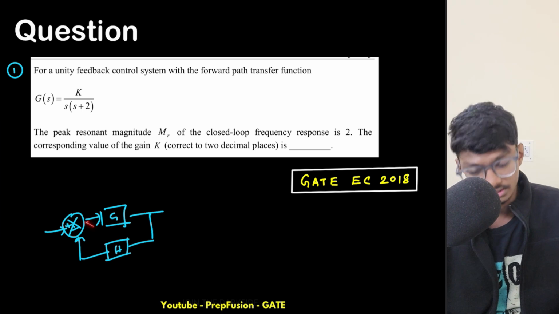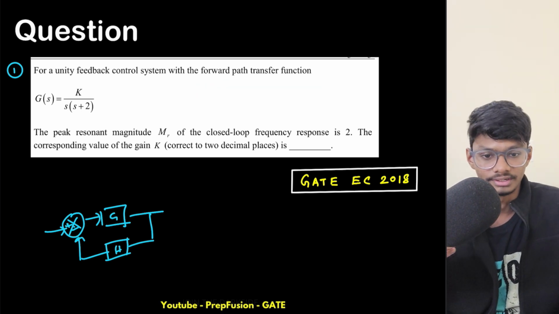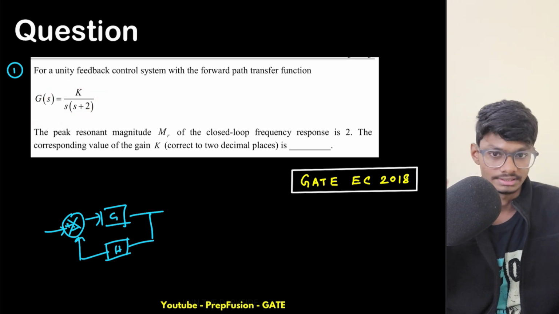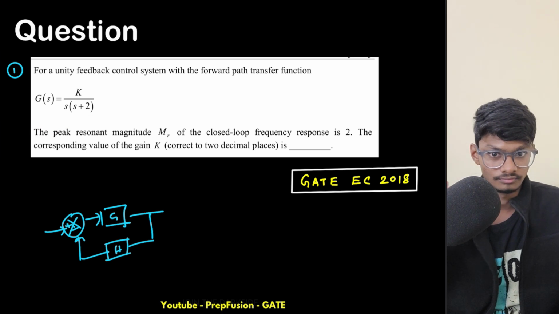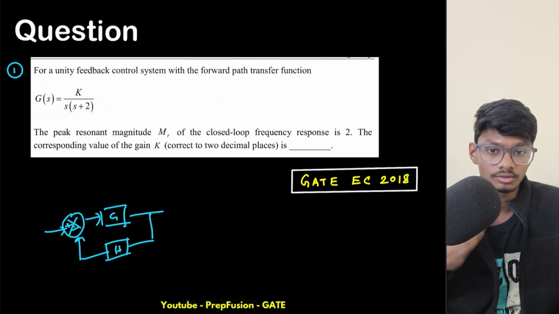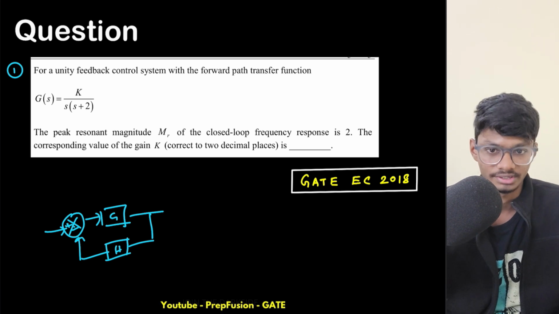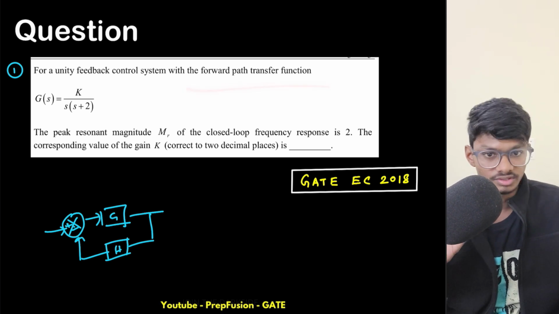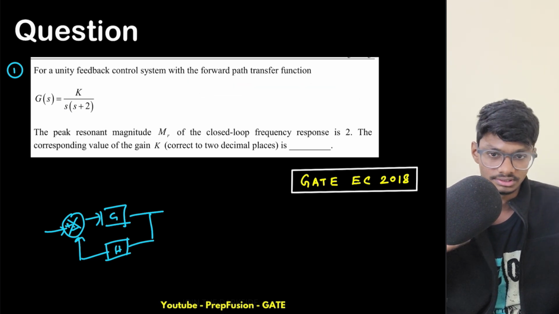So the forward path transfer function is nothing but the OLTF. They're talking about the OLTF. From here you can also understand that at DC you are not getting any finite gain, so obviously this can't be the CLTF, this is the OLTF. If you are confused, you look at the transfer function and understand what he is talking about. It is very important to understand the terminologies.